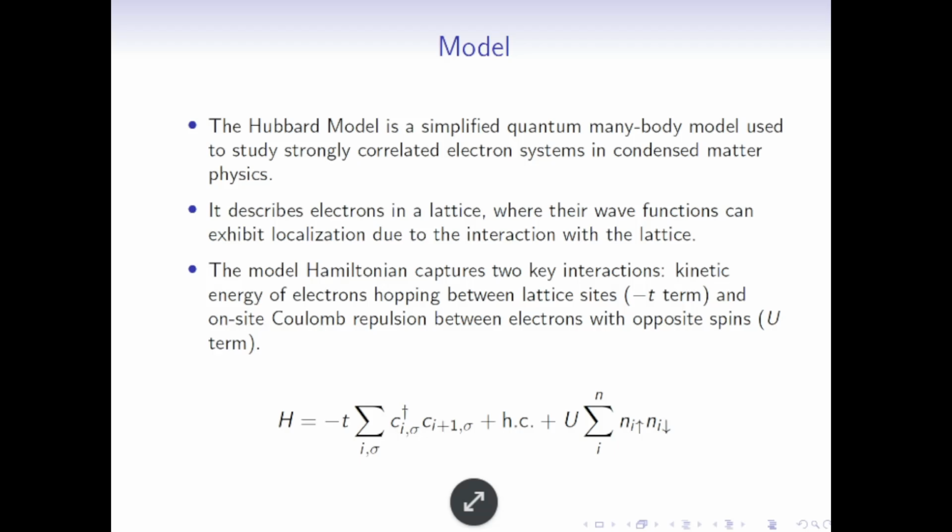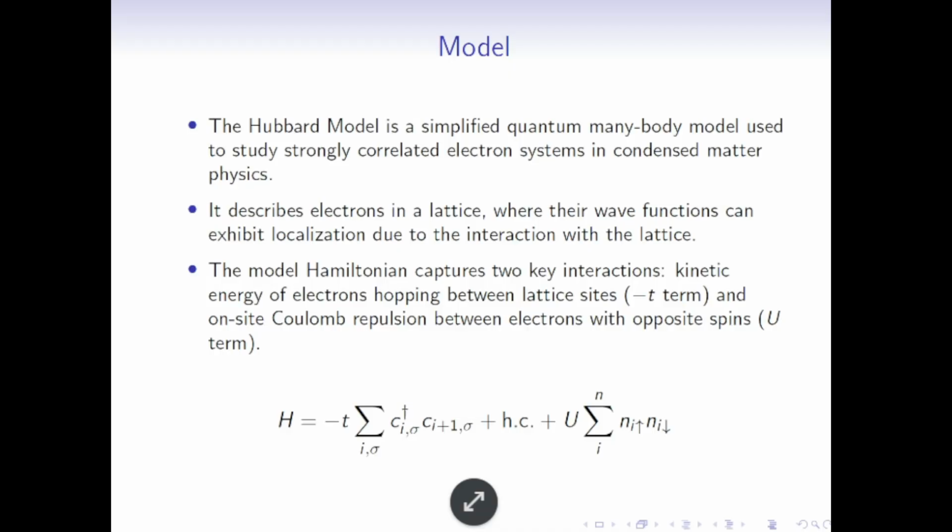If you take the wave function of an electron on an atom, it will overlap with the neighboring atom. So there is overlap between the wave functions.